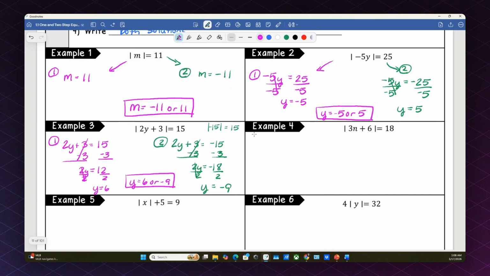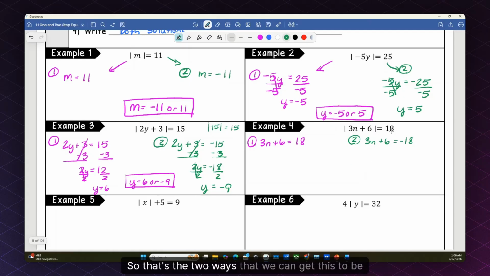My first option, we've got 3n plus 6 equals positive 18. And my other option is 3n plus 6 equals negative 18. So that's the two ways that we can get this to be true. There are two values that'll work here.